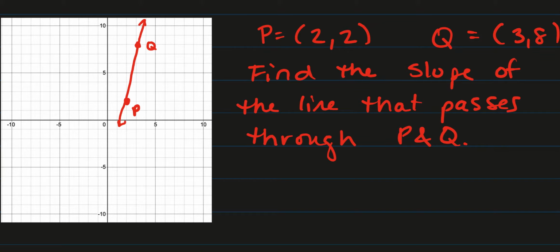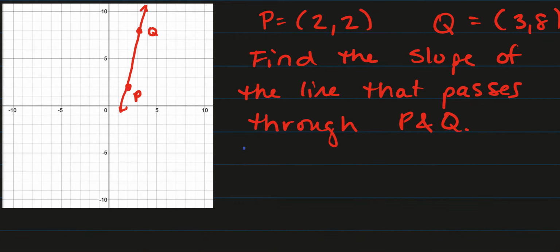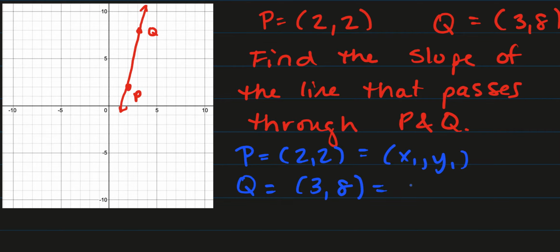So again, we're going to let P, which is the point 2, 2, be x1, y1. And the point Q is going to be 3, 8, which is x2, y2. And now let's use the equation for the slope.